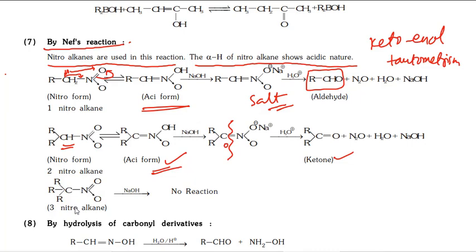In case of tertiary nitro compounds, there is no alpha hydrogen here, so due to lack of hydrogen, there is no further reaction. Okay, so primary nitroalkanes give aldehyde, secondary nitro compounds give ketones, like alcohols, primary alcohol to aldehyde, secondary alcohol to ketone, like that.